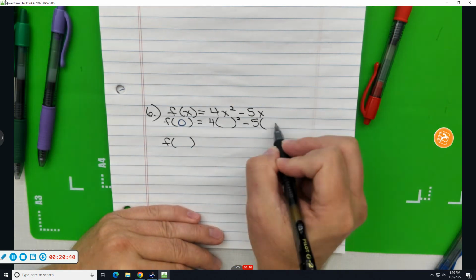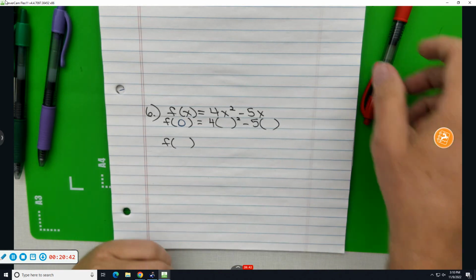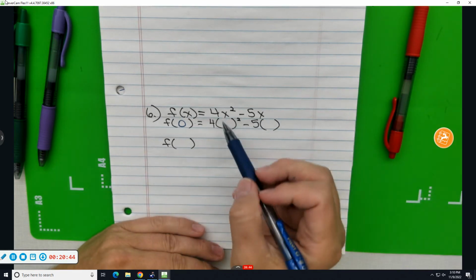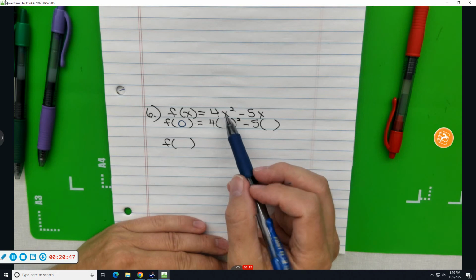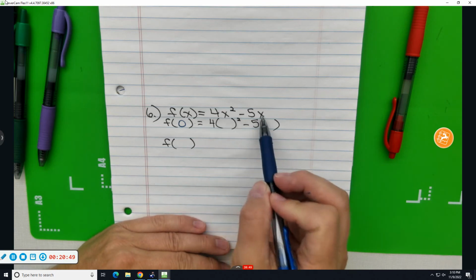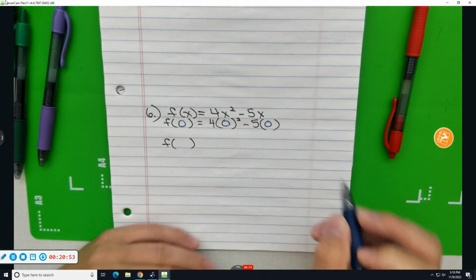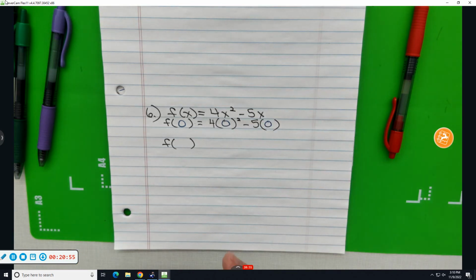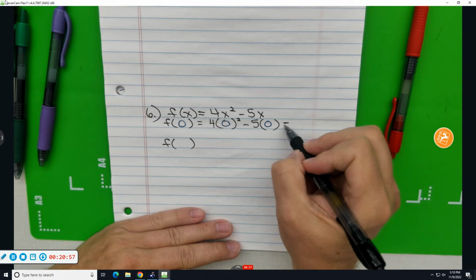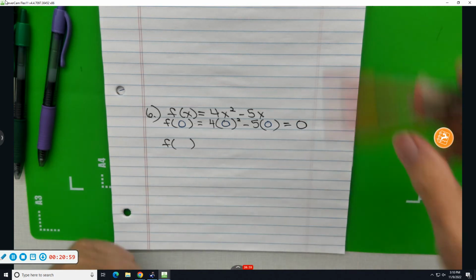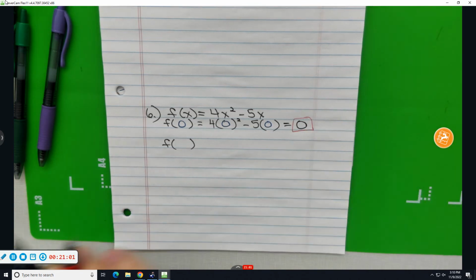Notice there's more than one term containing a variable. Replace both of those x's with 0, and what's that going to give us? Yeah, that's all 0 for my first answer. F of 0 is equal to 0.